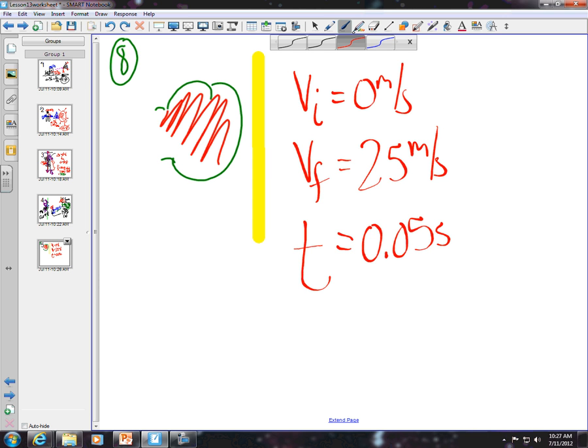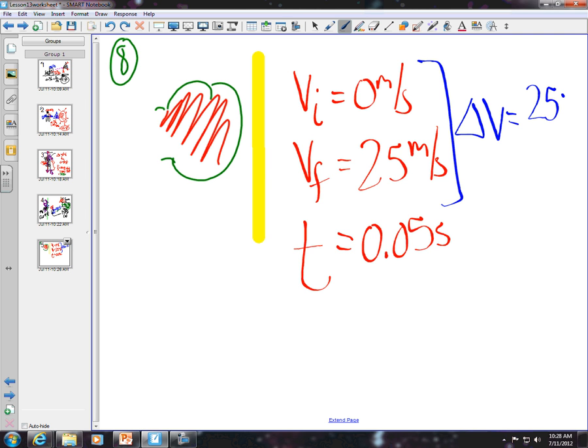So, from this, we get that the change in speed, or if we care about the direction, the change in velocity, is actually 25 meters per second. Okay, change in velocity is final minus initial. And if you recall, acceleration is a change in velocity over time.